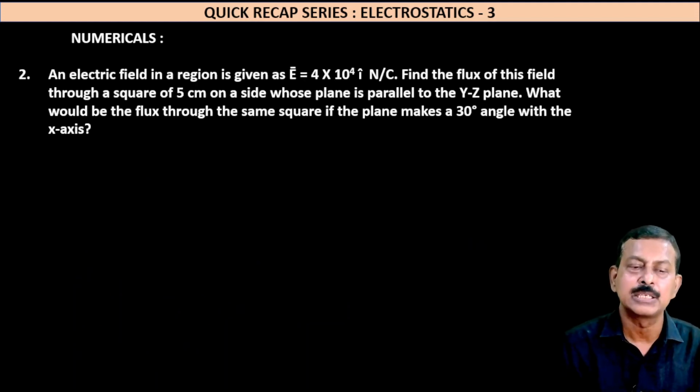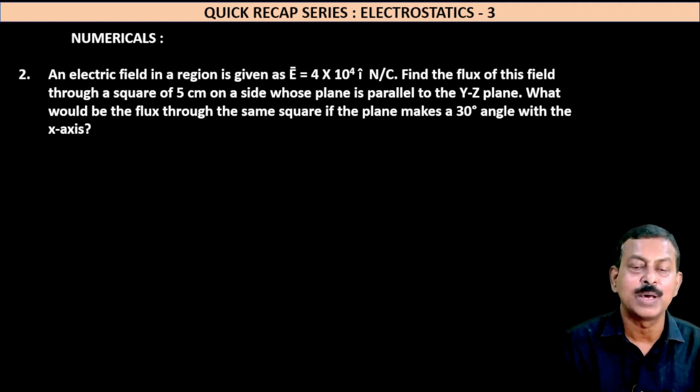An electric field in a region is given as E equals to 4 into 10 to the power 4 i cap Newton per Coulomb. Find the flux of this field through a square of 5 centimeter side whose plane is parallel to YZ plane. What would be the flux through the same square if the plane makes an angle 30 degree with the x-axis?